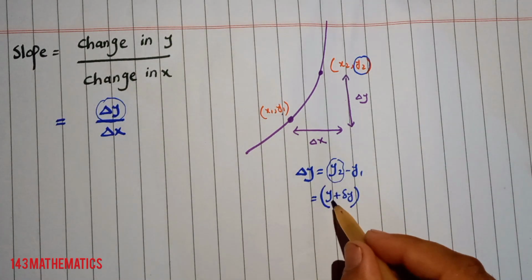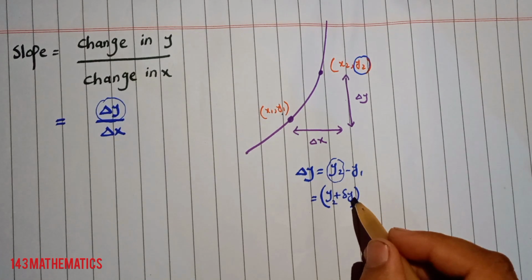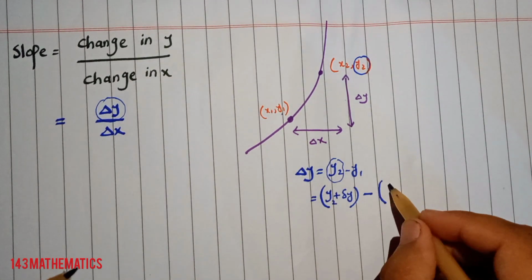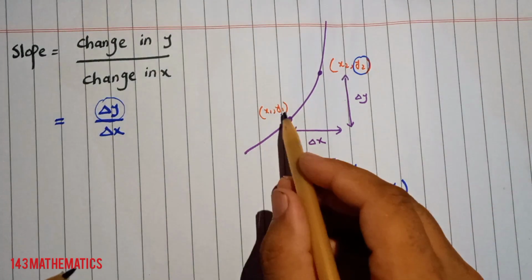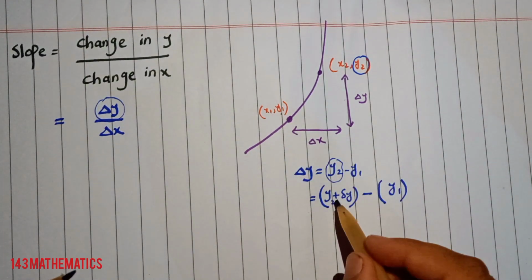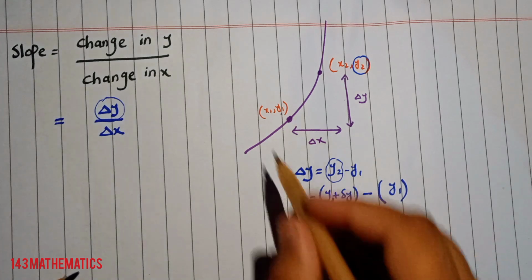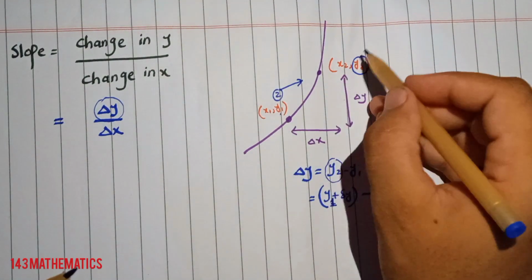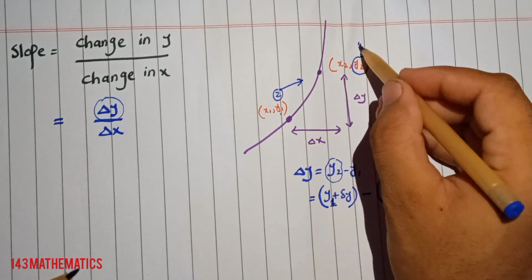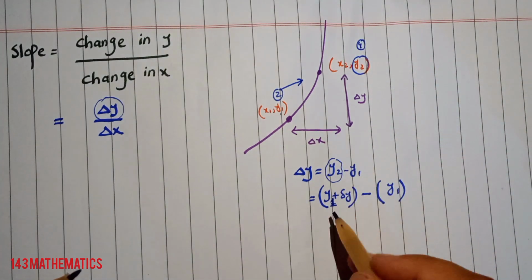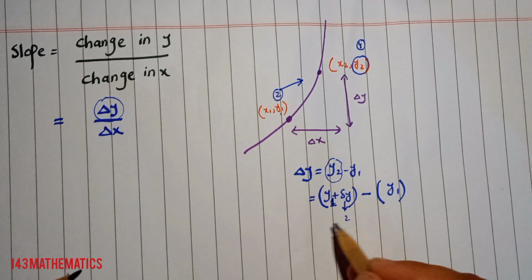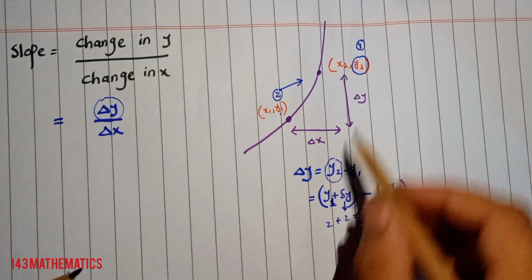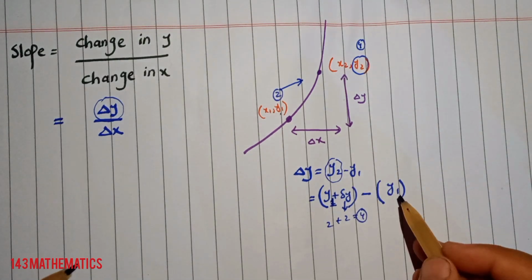For example, if y1 is 2 and y2 is 4, the value of del y will be 2. So 2 plus 2 will be equal to 4. So this is y2, 4, minus y1.